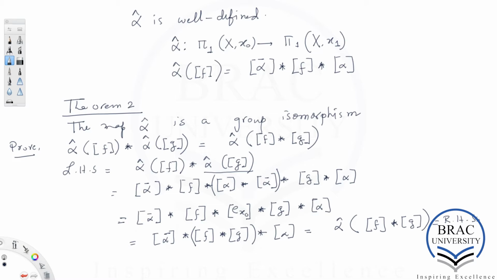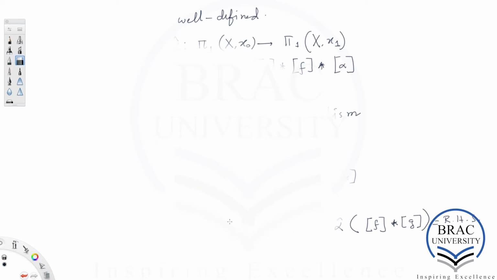So to prove that alpha hat is a bijective map, we try to find the inverse of alpha hat. That will prove that it's indeed bijective. In other words, we want to show that alpha hat is invertible. Now let us show that alpha hat is invertible.